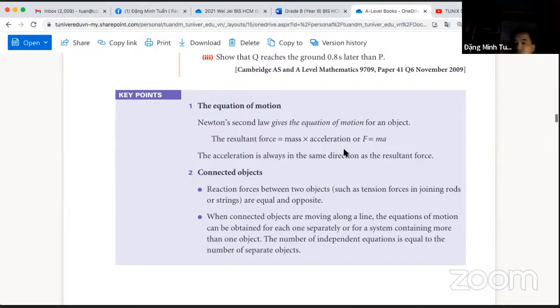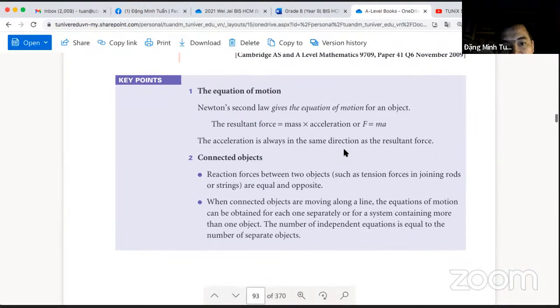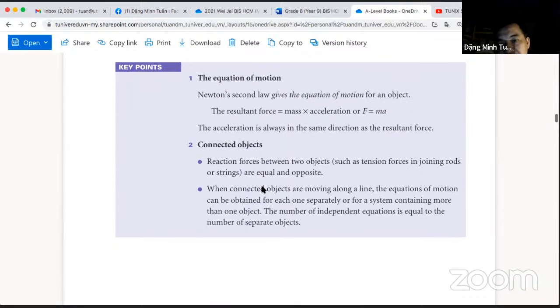Remember, external forces. And for connected objects, I told you that you can consider the system of objects as one object, and after that, you can treat them as separate objects by using the second law of Newton for each object.